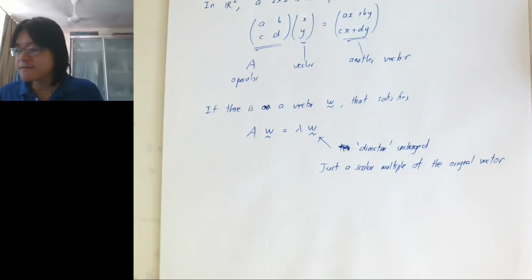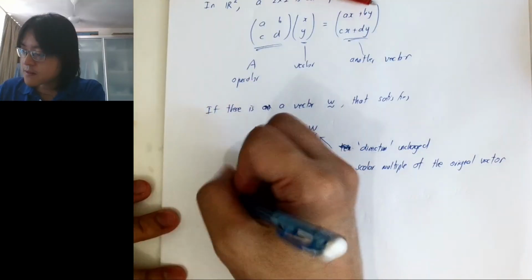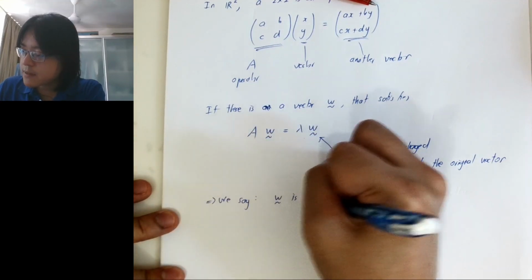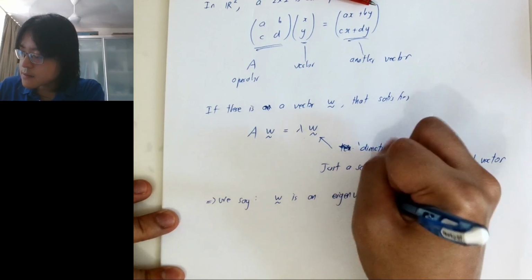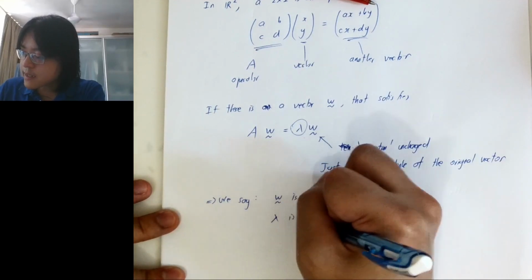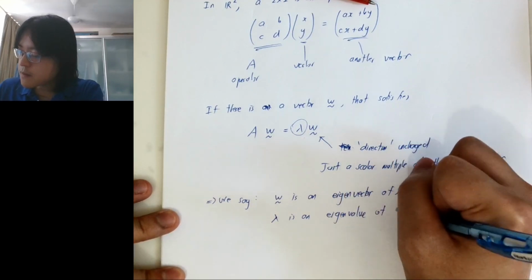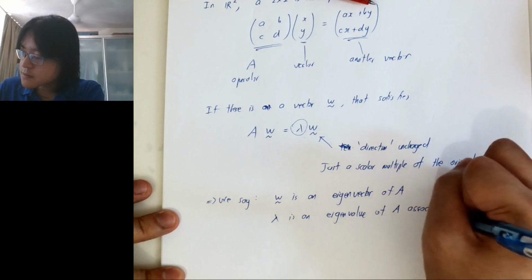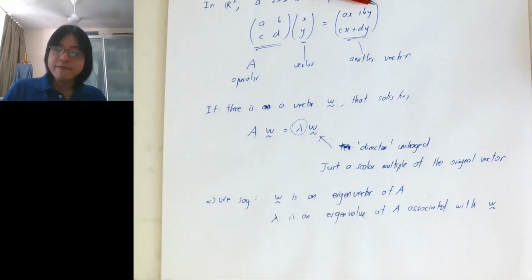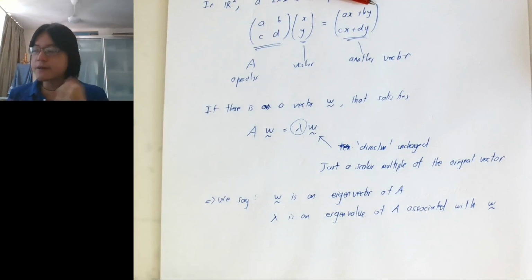So we say that W is an eigenvector of A, and this number lambda is an eigenvalue of A associated with the vector, because maybe you got some other vector that is also an eigenvector, and you get another scalar multiple, and you get out the eigenvalue.